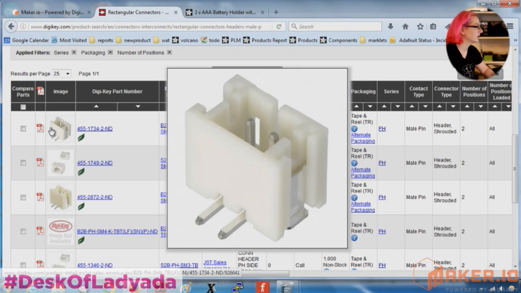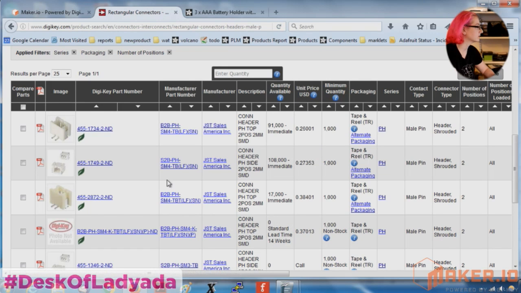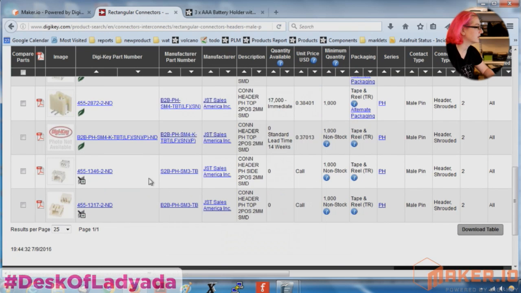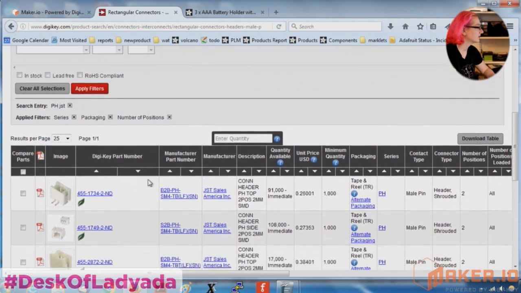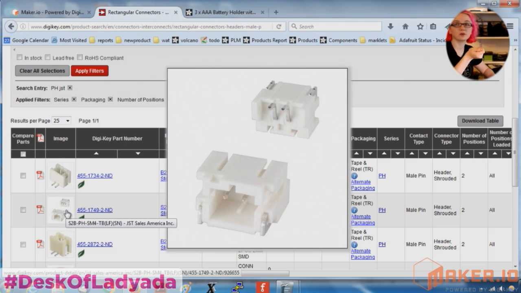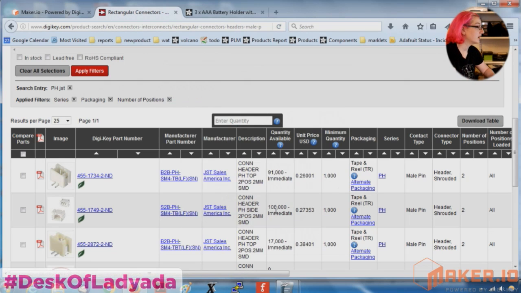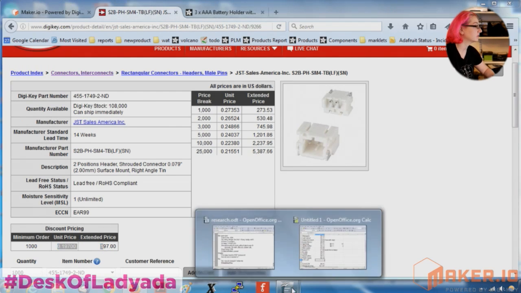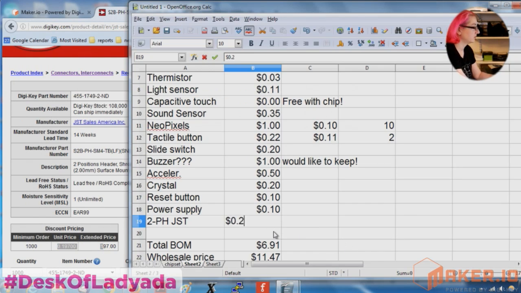And then you can have either a poking up style or a side style. This is poking up style, this is a side style. So this one plugs in from the side. These are about 27 cents each. I can get them for about 20 cents, so that's good. I'll put that down: 2pH, 20 cents.